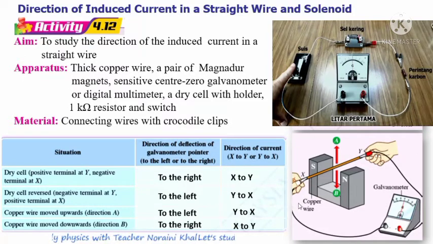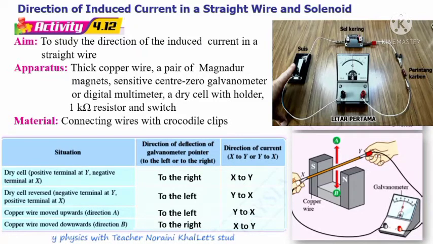We can apply Fleming's right-hand rule. According to Fleming's right-hand rule, the thumb represents the motion of the copper wire upwards. The forefinger represents the magnetic field, always pointing to south, and the center finger represents the direction of current.